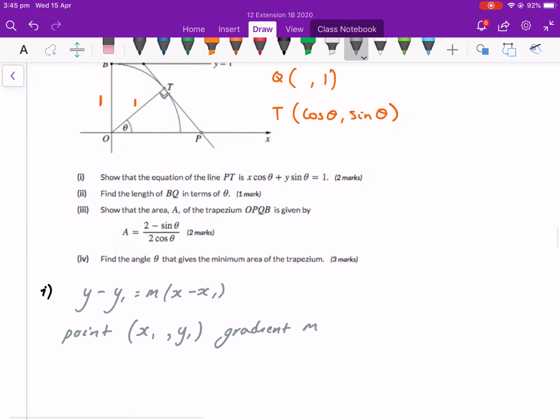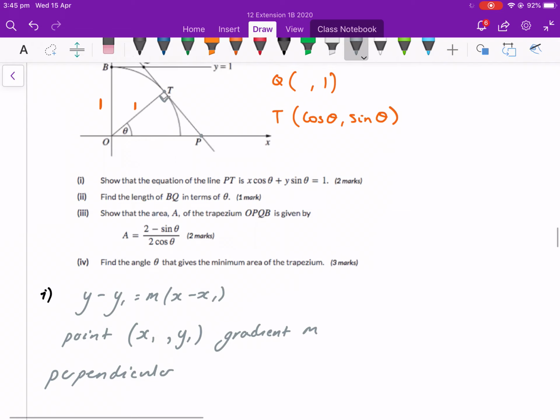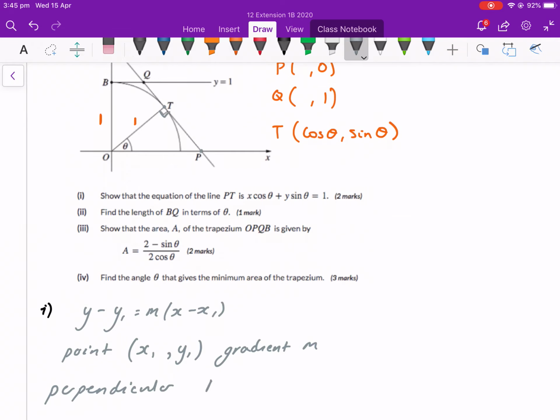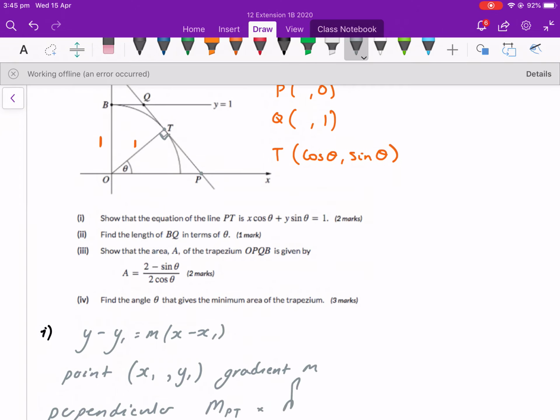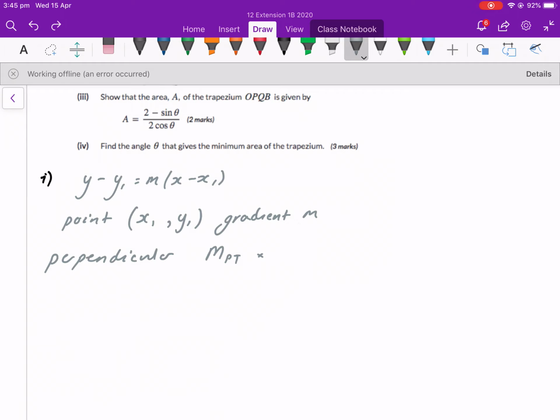Now, when we start to see the word perpendicular, we can think of gradients and two lines that are perpendicular to each other. When you multiply together their gradients, you end up with -1. So therefore, the gradient of PT times the gradient of OT.